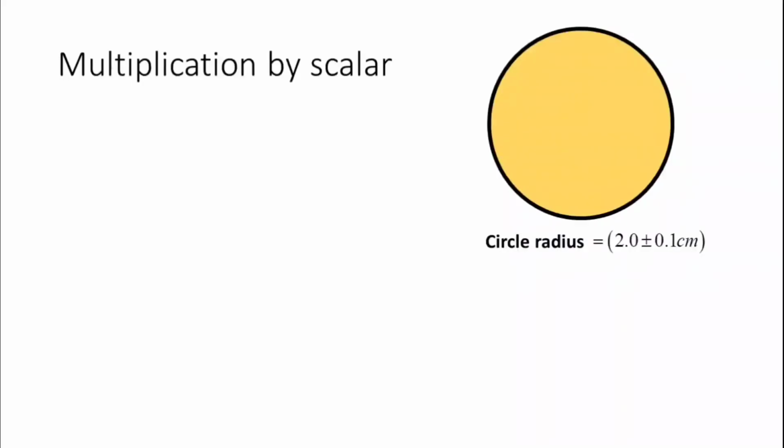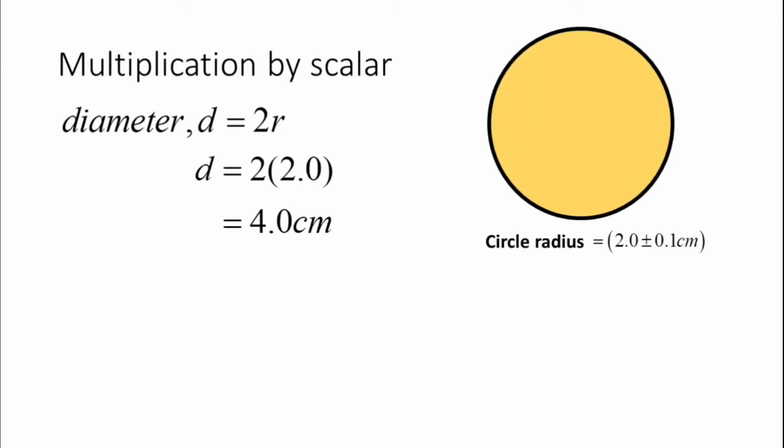In this example, we have a circle with a radius measured to be 2.0 plus minus 0.1. The diameter of the circle is 2 times the radius of the circle. So 2 times 2.0 is 4.0 centimeter. The uncertainty for the diameter is just 2 times the uncertainty of the radius.